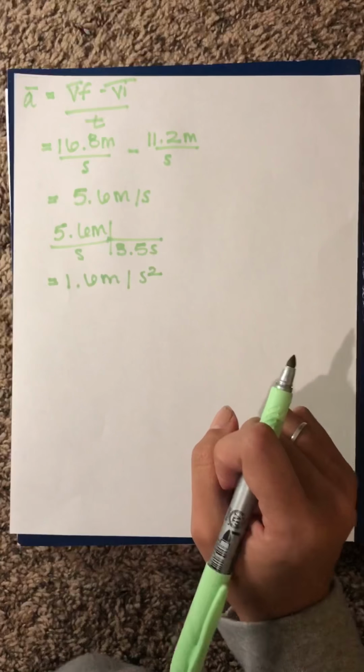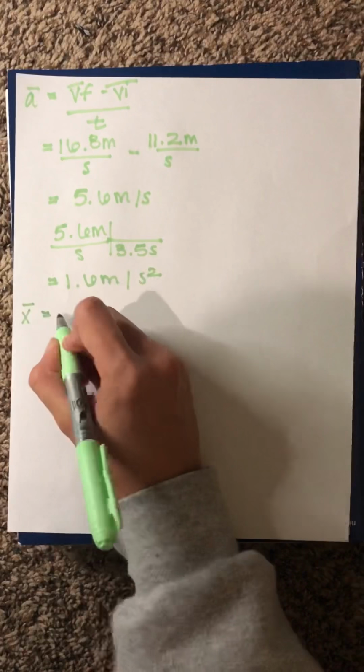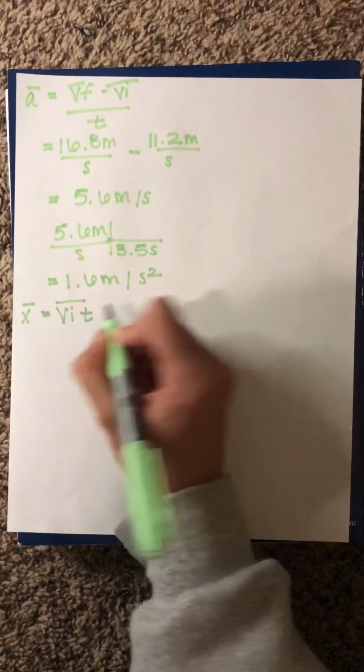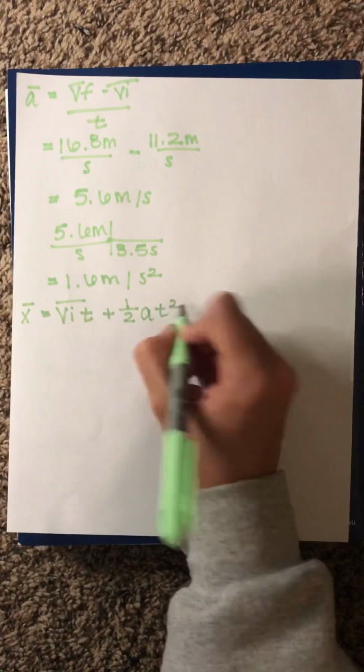With this new information, we can find the displacement, which we know is x equals vi times time plus 1/2 a t squared.